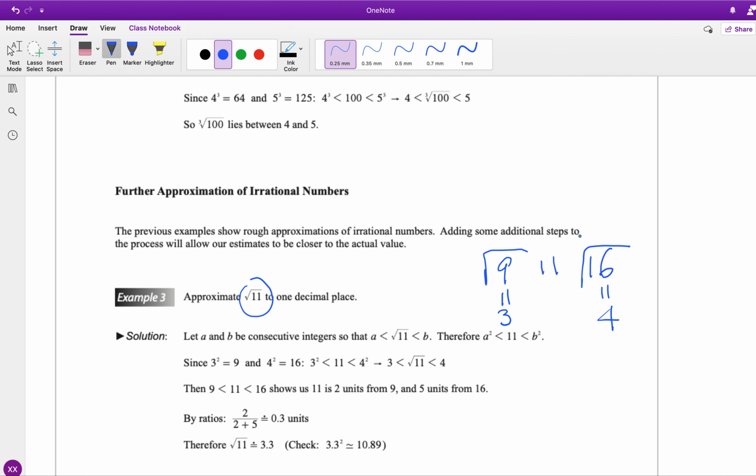So at least I know the square root of 11 is between 3 and 4. From 9 to 16 is 7 spaces, the bottom here, and then here, 2. If I write it as a fraction, my root of 11 is approximately 3 and 2 over 7. That's my estimation, and this is just good enough.